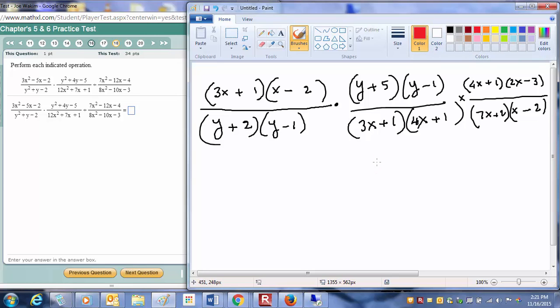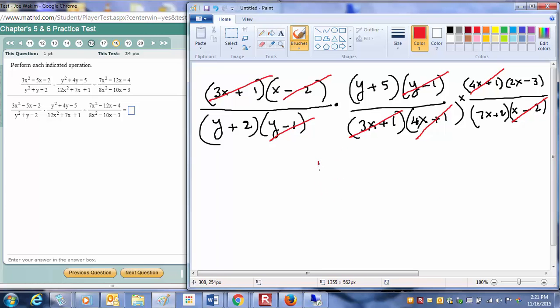Should be able to simplify a lot. 4x plus 1, 4x plus 1. Okay, 3x plus 1, 3x plus 1. Y minus 1, y minus 1. X minus 2, x minus 2. And I don't see anything else.